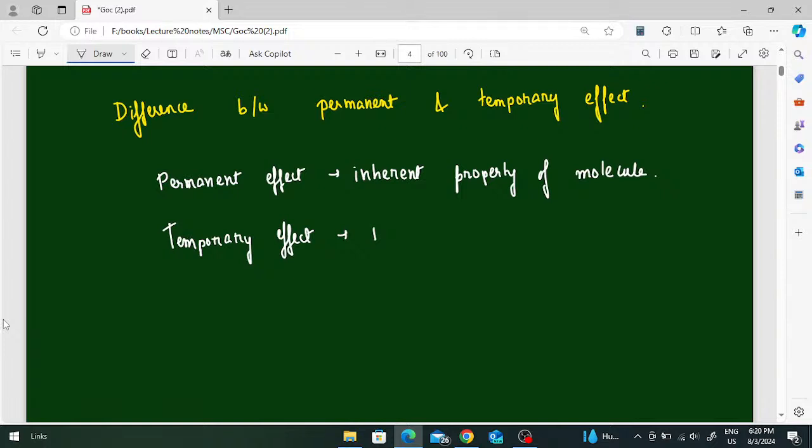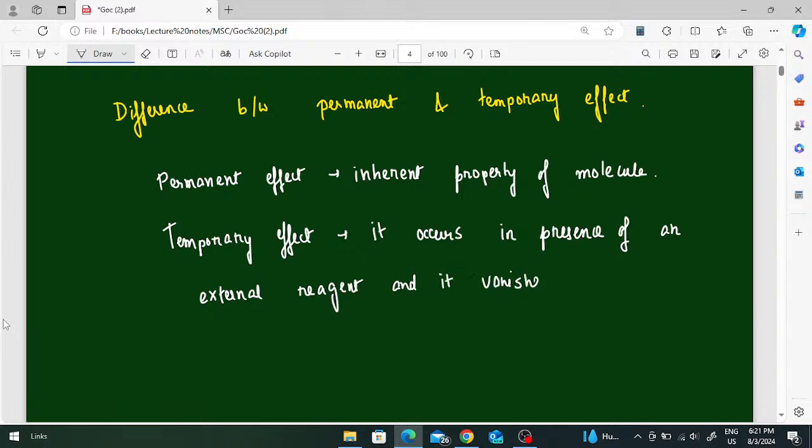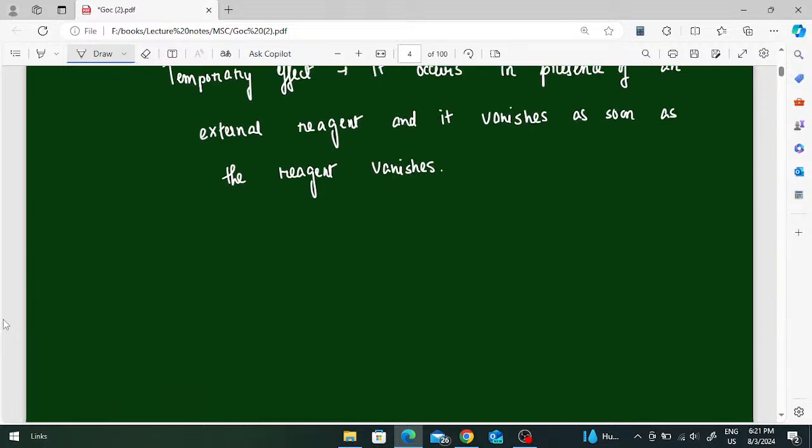So a temporary effect occurs in presence of an external reagent, and it vanishes as soon as the reagent vanishes.